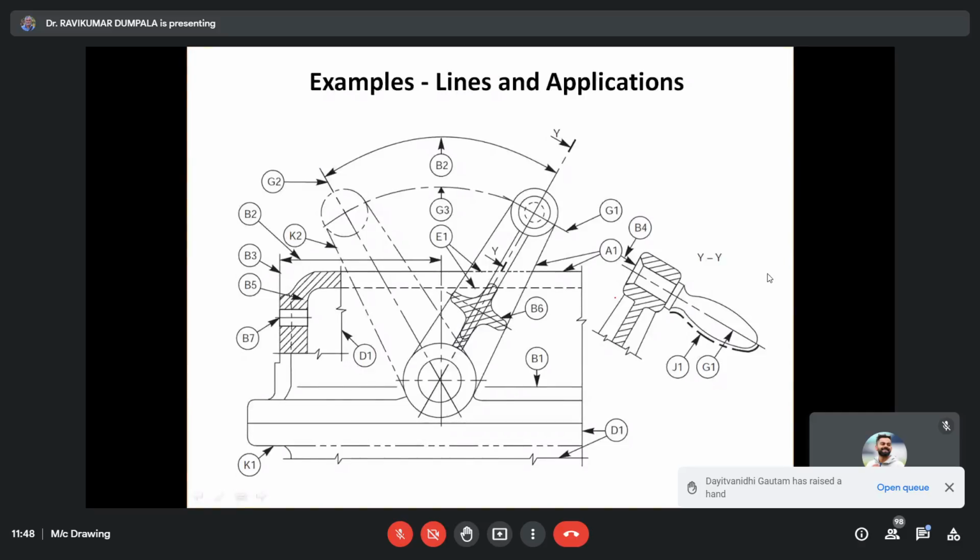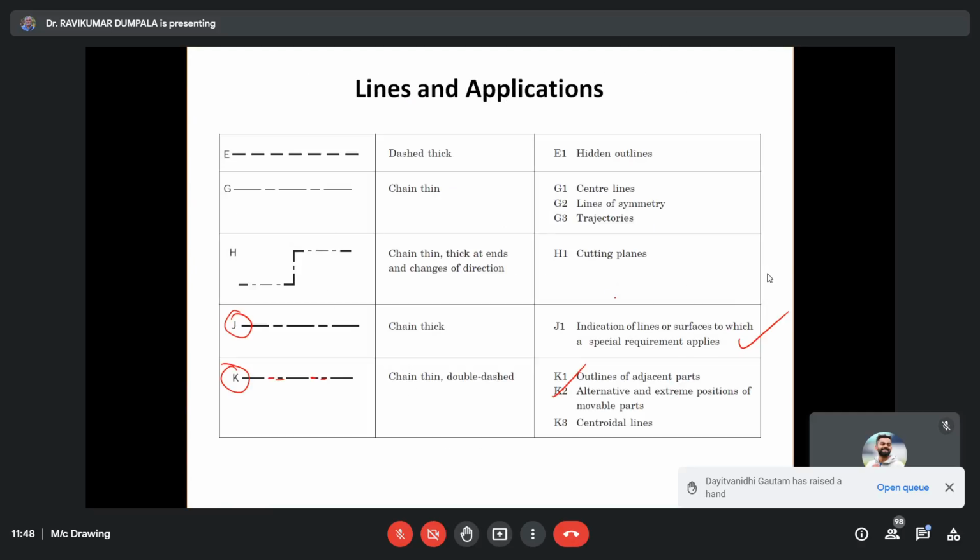Sir, why are F and I missing from the naming? Sir, letters F and I are missing. There it is here. EF. Maybe something is, I don't know exactly. Maybe some other line.